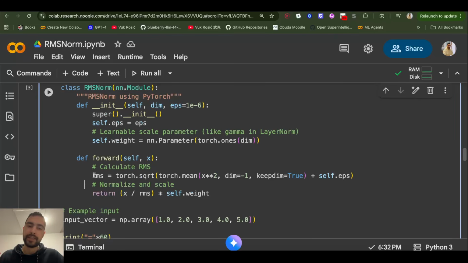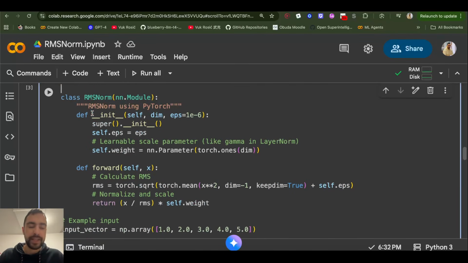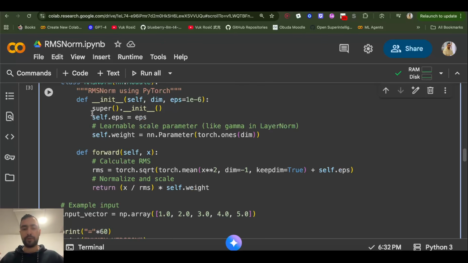Because the numbers in the vector still have a magnitude that tells something, these weights will just learn to fix any issues, or any loss of information, caused by this normalization. So imagine that this RMS norm is used in the neural network transformer, and once it learns these weights, it will always have the same weights.